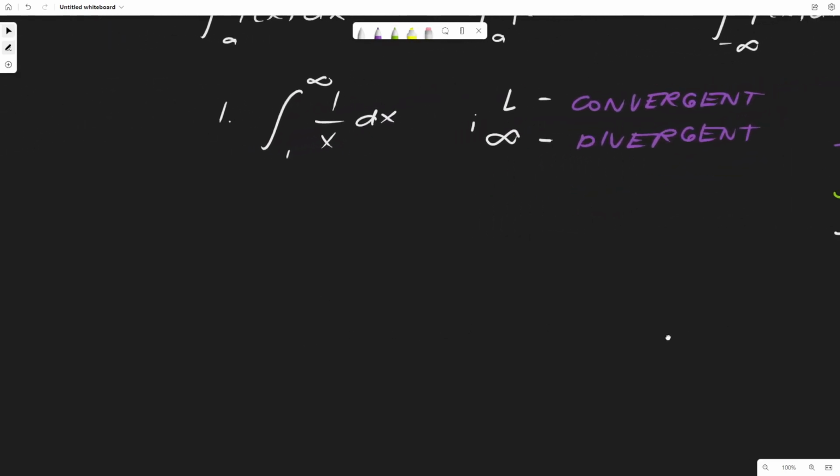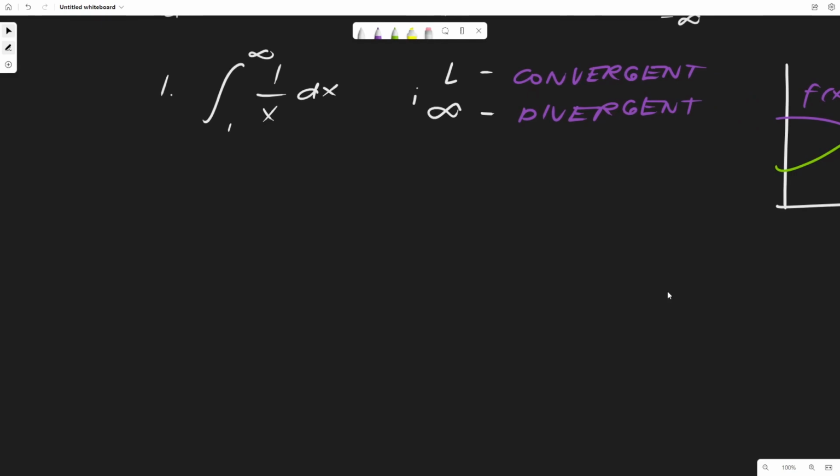Let us determine if this integral is convergent or divergent. How are we going to solve this? The infinity boundary, we will translate into a certain variable, let's say variable t. The integral of 1 over x dx from 1 to t.